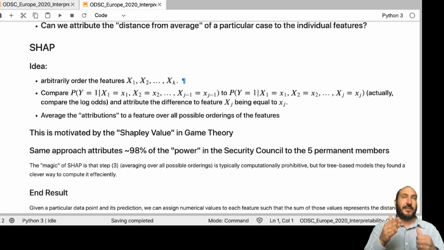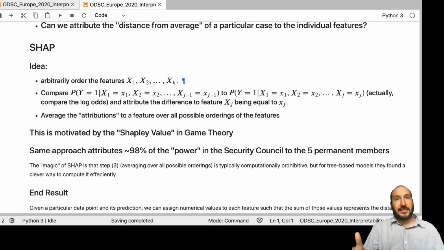If I know the age and I know the zip code demographics, now my probability goes down to 20%. So I got a plus 10% for the age and a minus 5% for the zip code. And I do this incrementally for each variable. So each variable gets credit for the change in probability it brought.